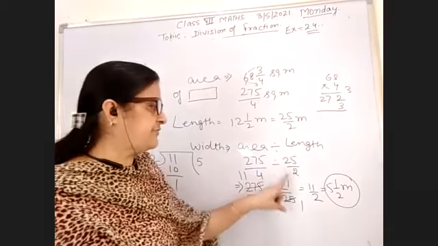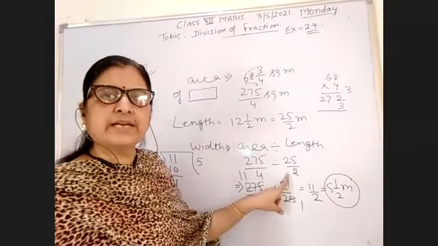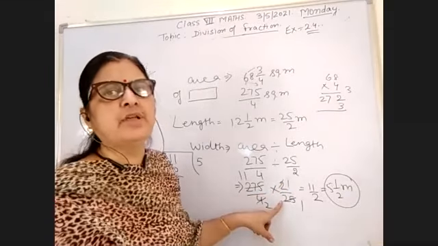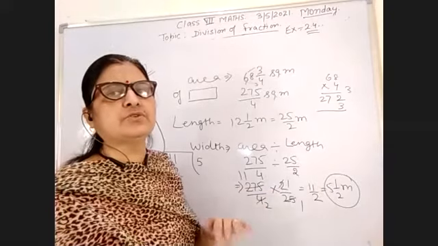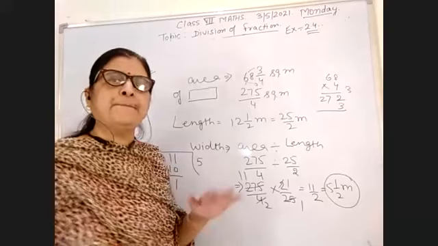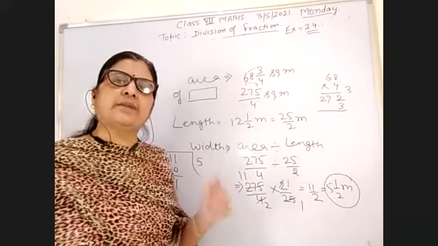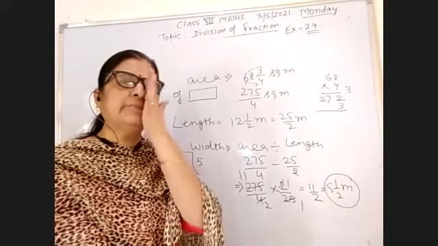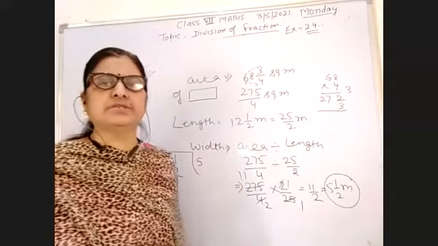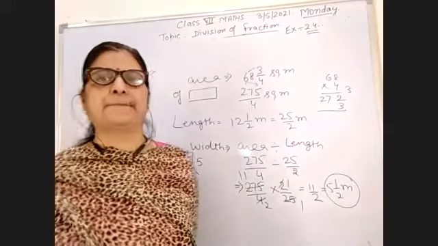Okay, 25/2, how will you write it? You have to write 2/25. We solved so many questions related to division of fractions, and you will try all the examples of your notebook also. And now if you have any doubt regarding these questions, then you can ask me.